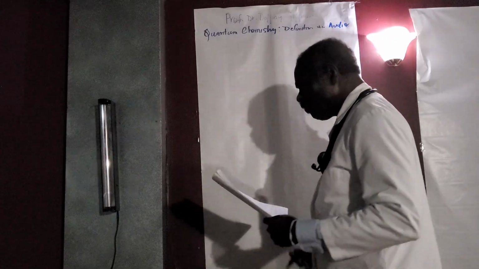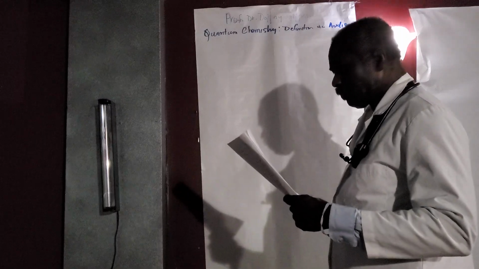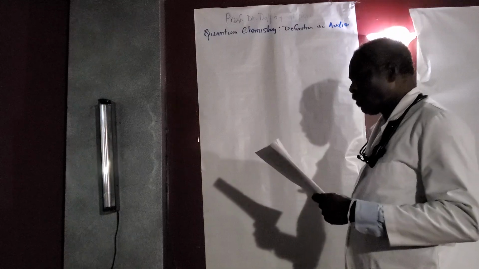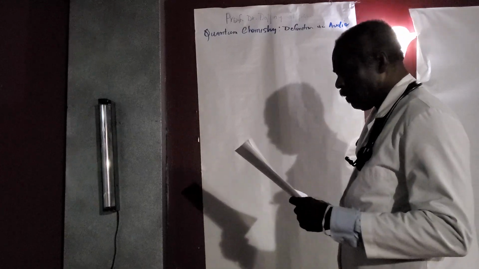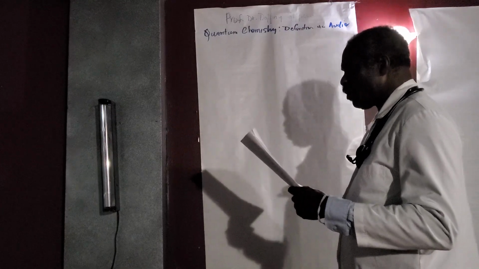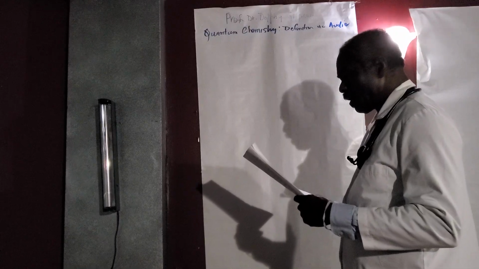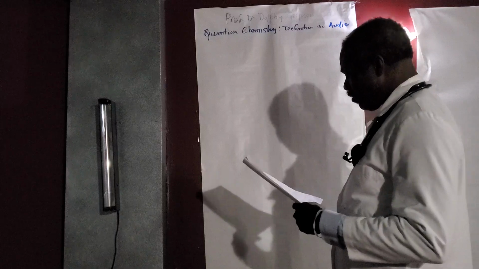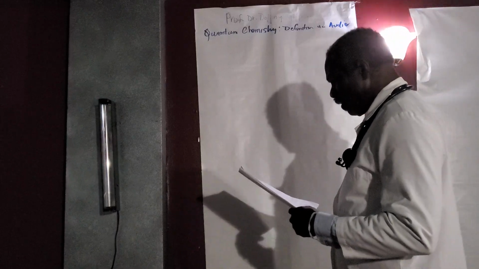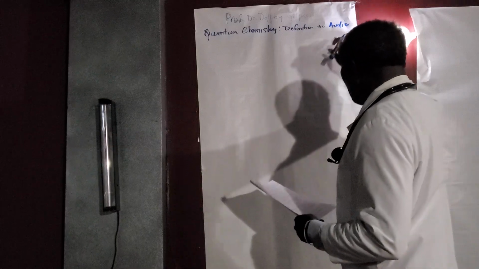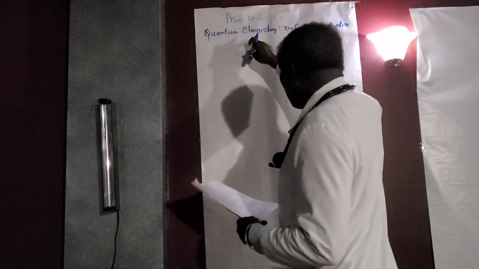Once again, quantum chemistry is molecular quantum mechanics and a branch of physical chemistry that studies the application of quantum mechanics to chemical systems. It uses the quantum properties of atoms. And so that was the audio definition, quantum chemistry.